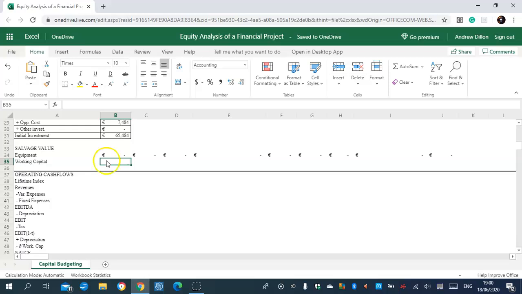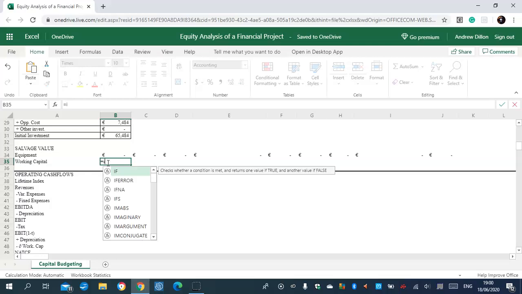Now let's do the working capital. Another IF statement.